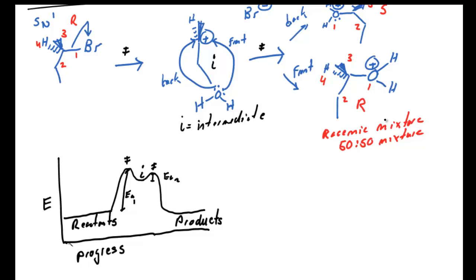Okay, so let me point out to you that this reaction occurs in 2 steps. So unlike the first reaction that we looked at, where it only occurs in 1 step, this reaction occurs in 2 steps. And there are 2 transition states.